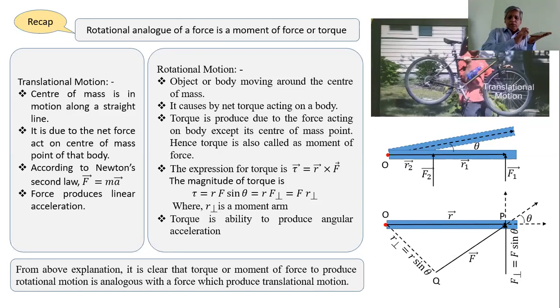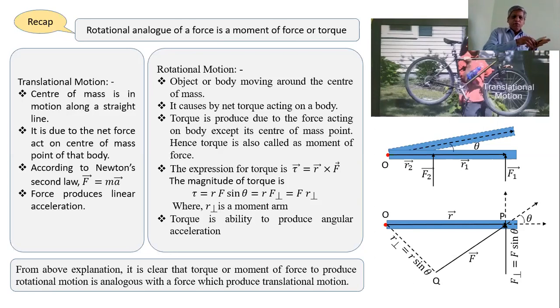In this motion, we observe that the particles near the center of mass travel a small linear displacement, but the particles at a larger distance, that is at the end of the mobile, travel larger displacements, but the same angular displacement. Such a type of motion is called rotational motion.